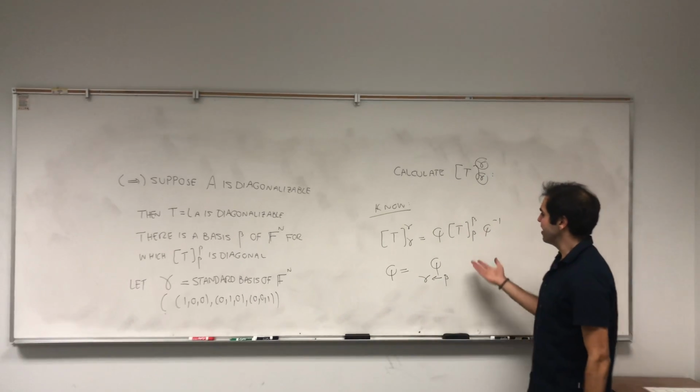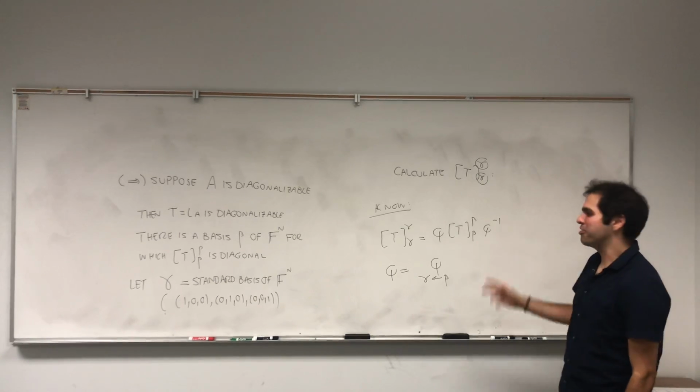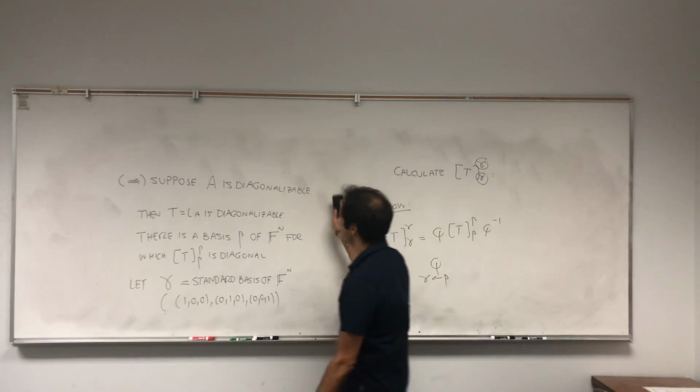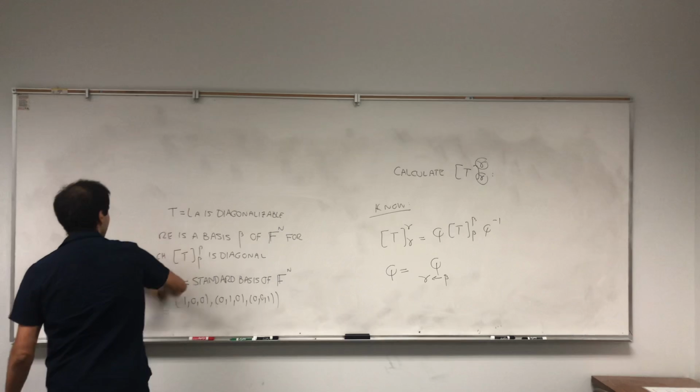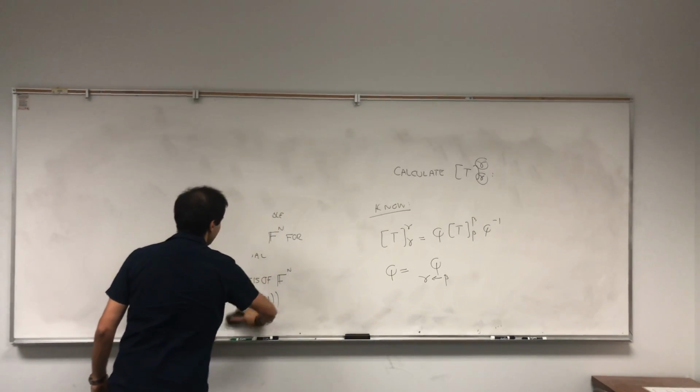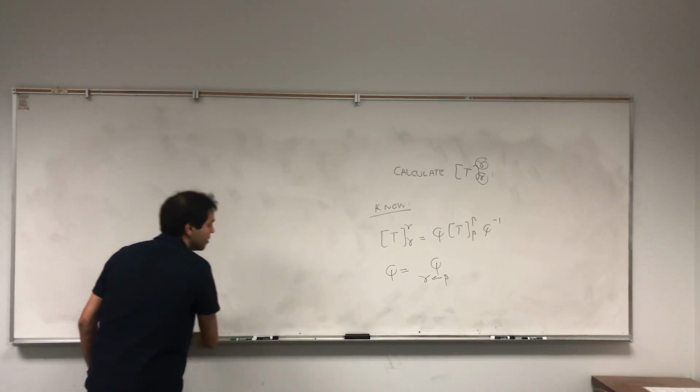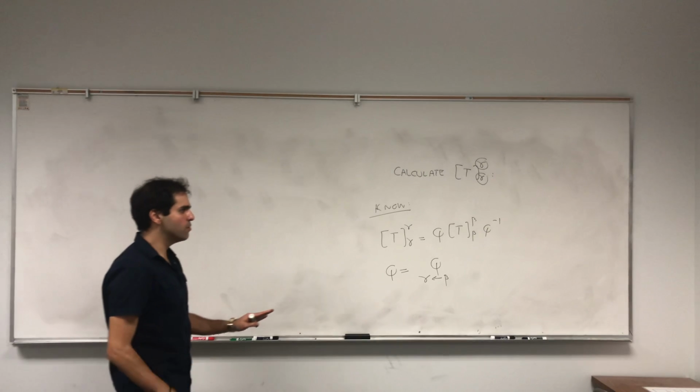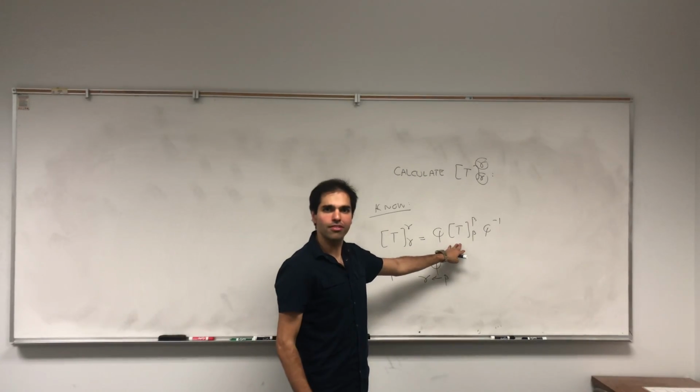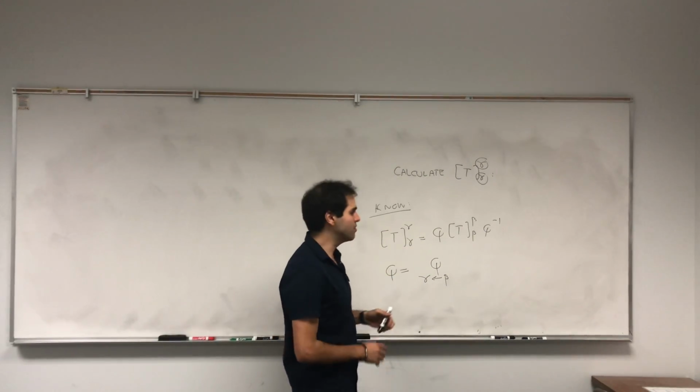Okay, why is that useful? First of all, Q is an invertible matrix, and again, we know that this is diagonal. Let's just figure out what this matrix is.